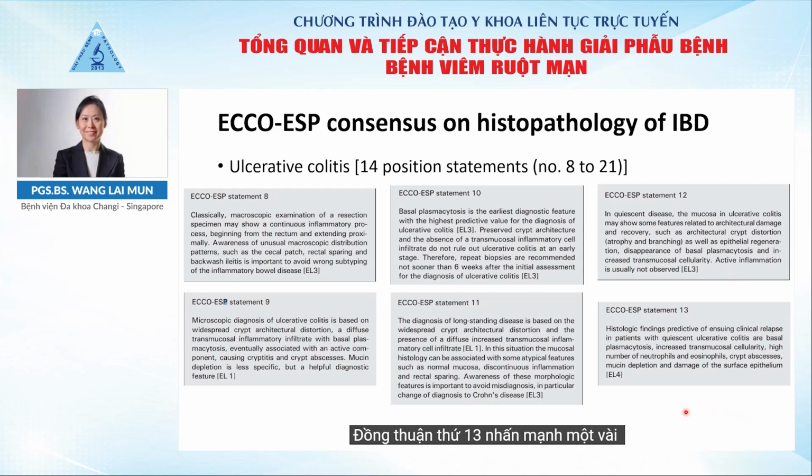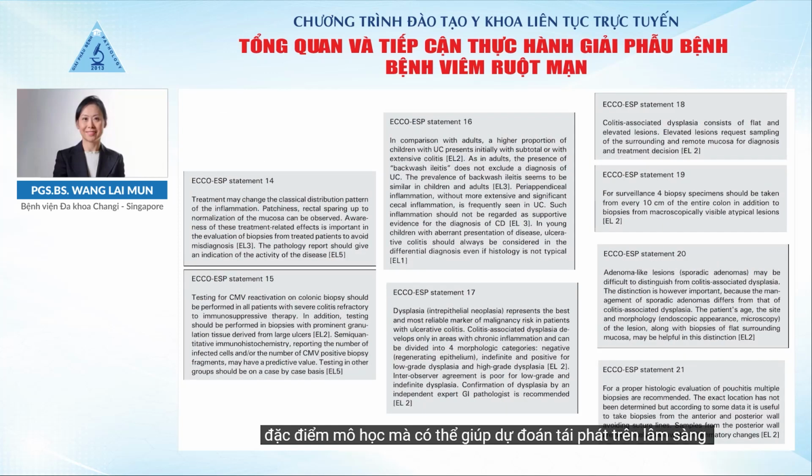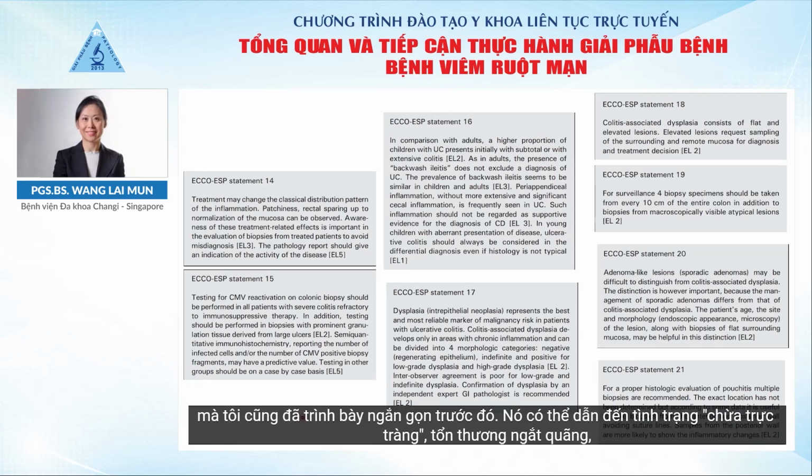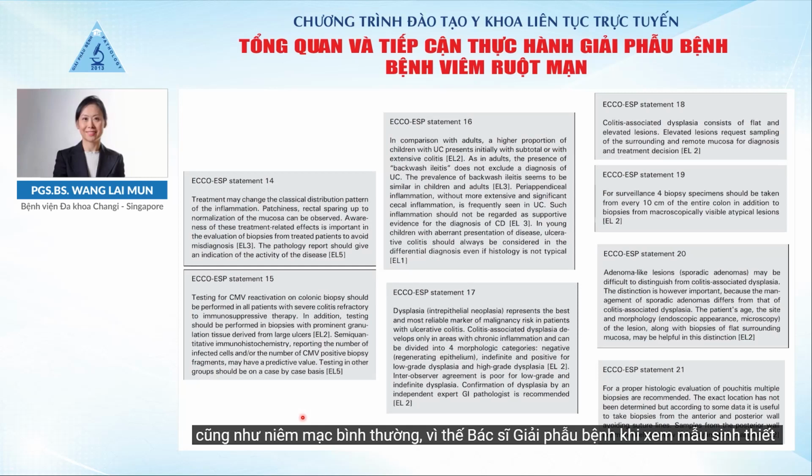Position 13 just highlights some of the histological features that can help to predict clinical relapse. Moving on to position statement 14, it deals with treatment effect, which I have briefly covered earlier on. It can result in patchiness, rectal sparing, and also normalization of the mucosa.